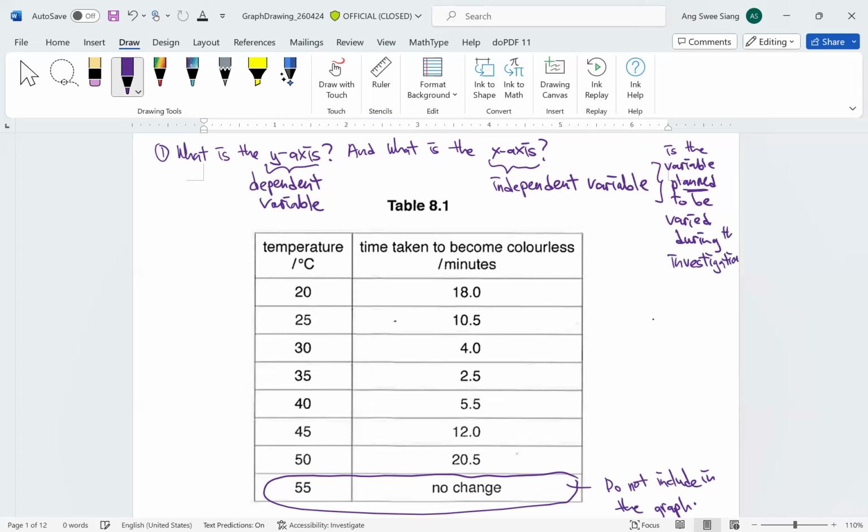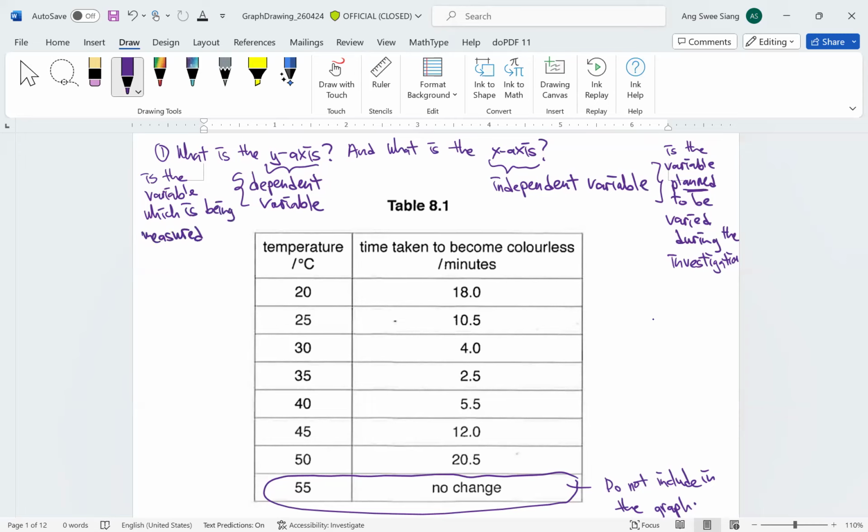Then the dependent variable is the variable that you are measuring or observing during the investigation. Sometimes we do measurement, sometimes we just make observation.